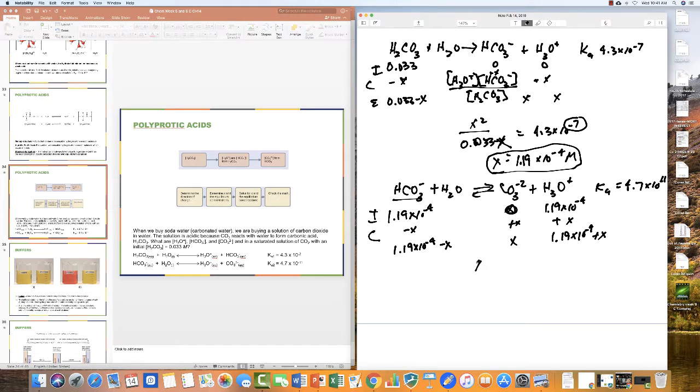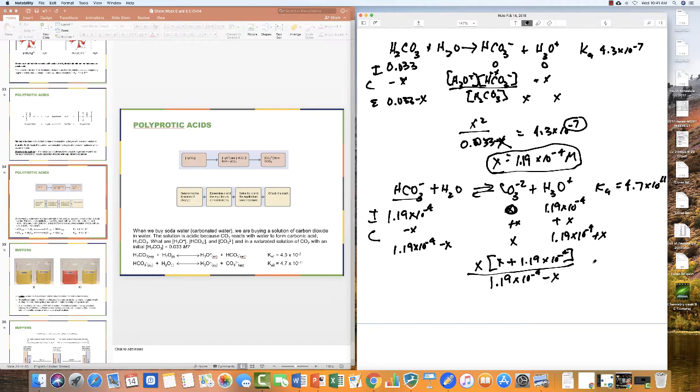So that you end up with x times (x plus 1.19 times 10 to the minus 4), divided by 1.19 times 10 to the minus 4 minus x.